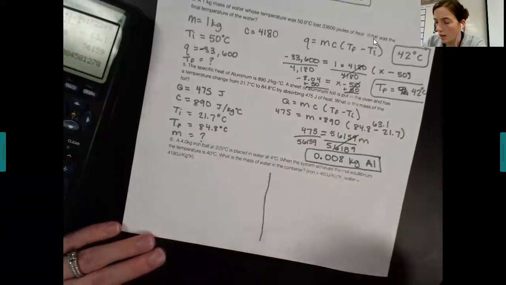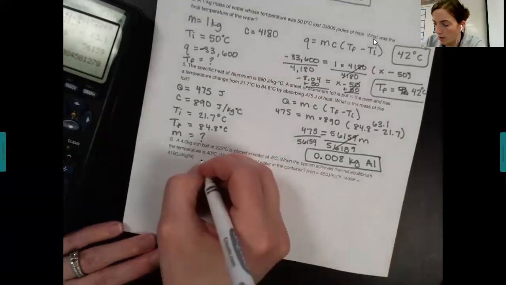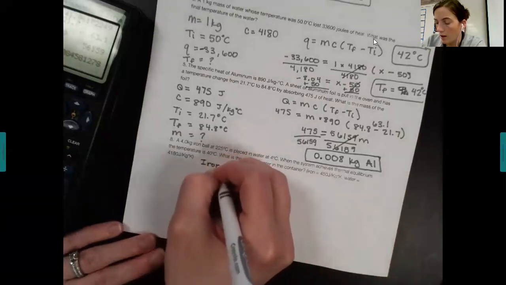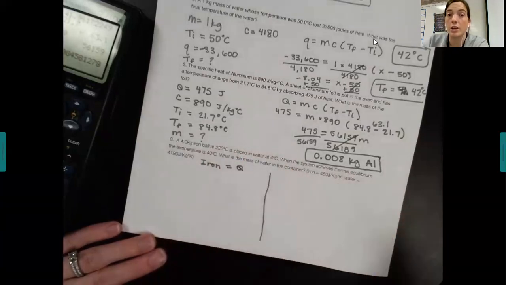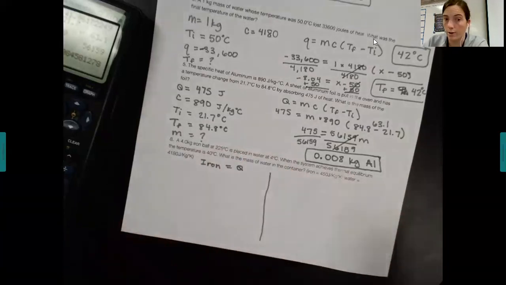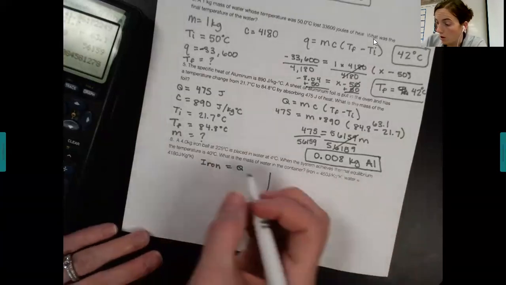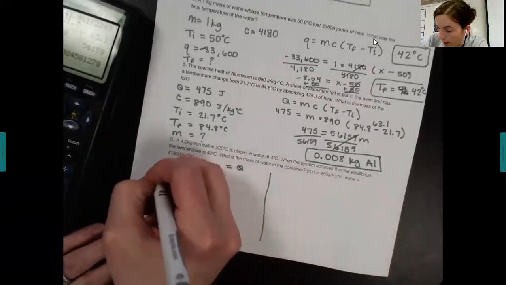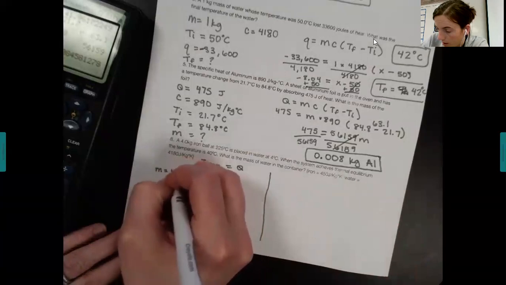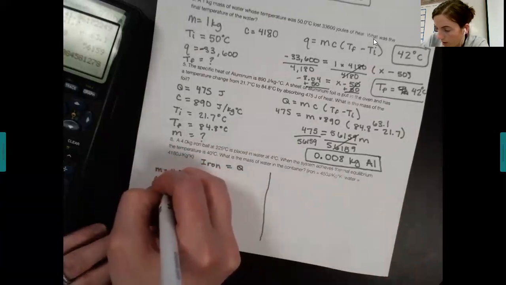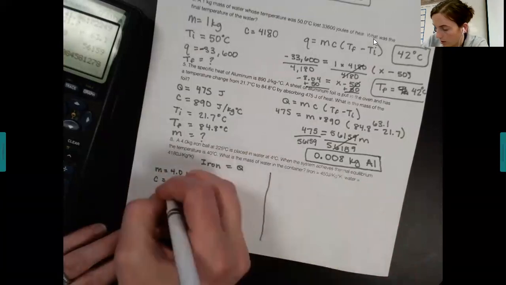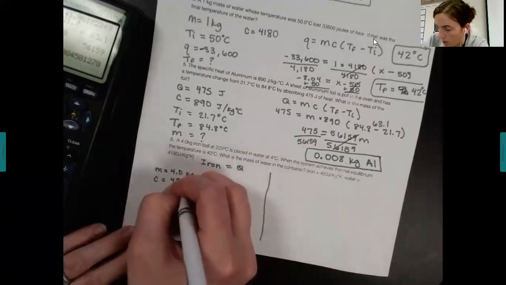Okay, the first thing is we're going to figure out the Q, or how much heat was lost by iron because it's cooling down. All right, so for that, we know iron's mass is 4 kilograms. It tells us that the iron's specific heat is 450.